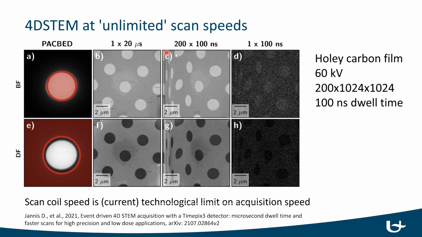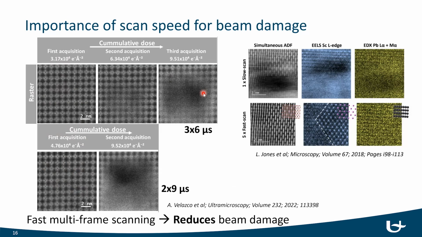So what they need to do is bring the probe back from here to the beginning of the line. And you do this really fast, but the scan coils will have some settling time to get here. So in the beginning, things are a bit distorted, and then you get to the same image again. So it's clear that future microscopes will have to improve on this aspect because there is a lot to gain.